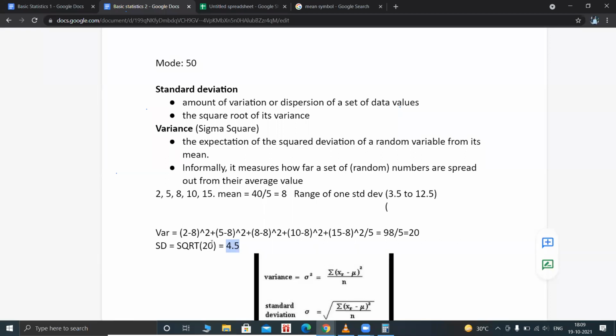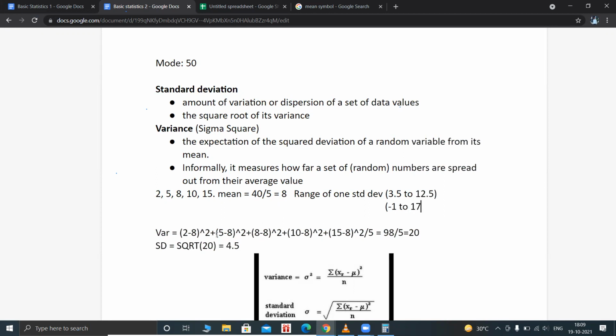So what is 2 times 4.5? 9. So 8 minus 9 is -1, and 9 plus 8 is 17.